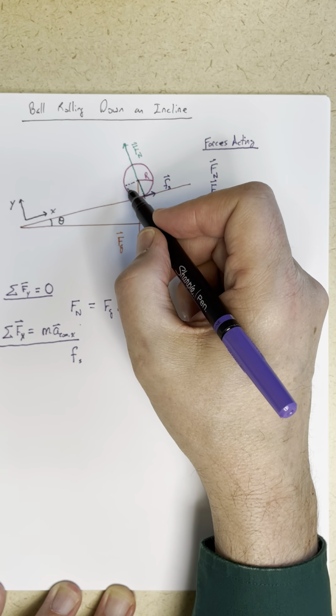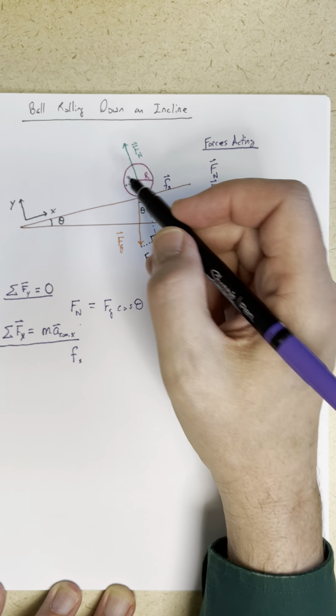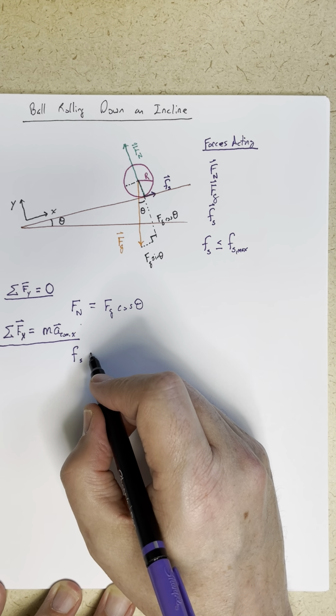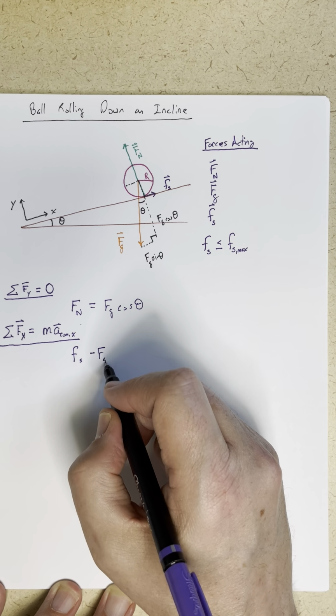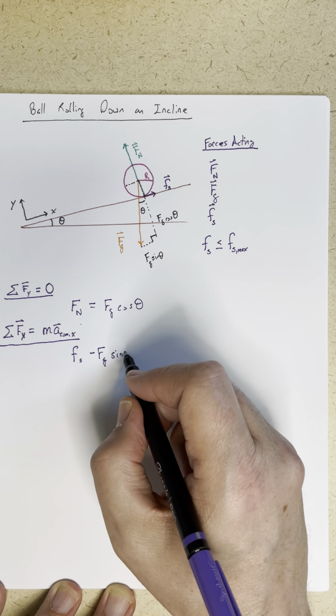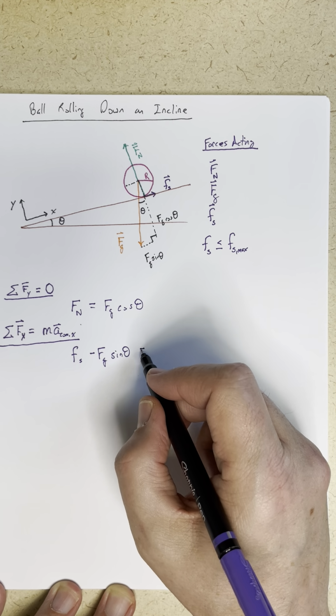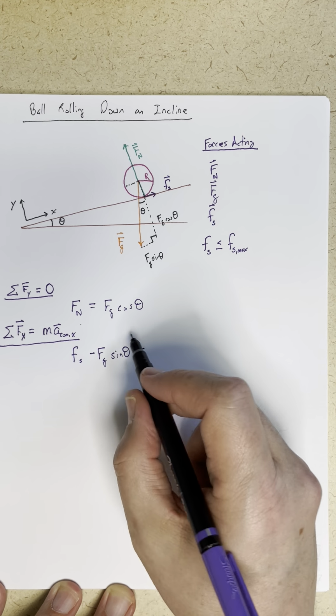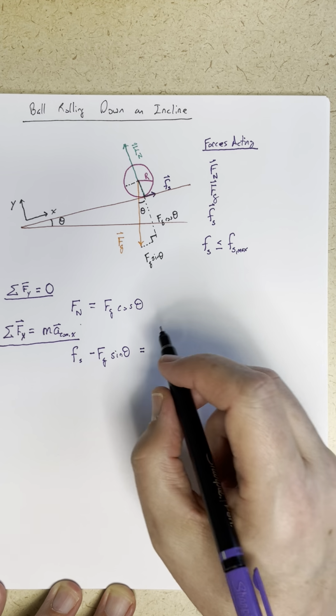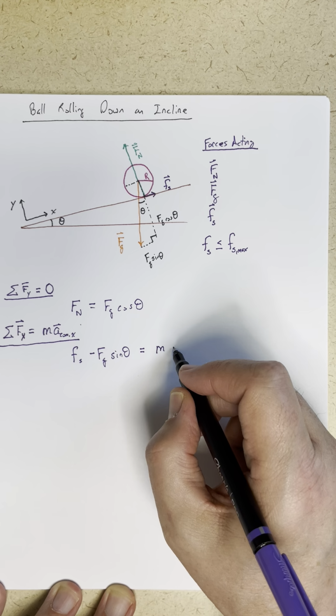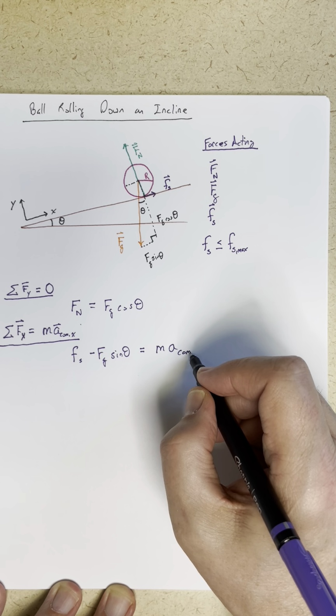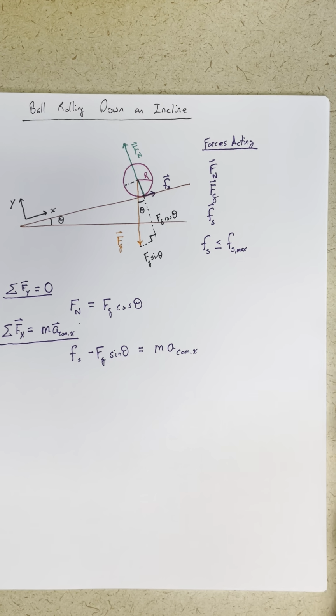I have this component of the weight pointing the opposite direction along minus x. So I've got that part of the weight times sine of theta, and then the net force resulting out of that is going to give me the mass times the x component of the acceleration of the ball.